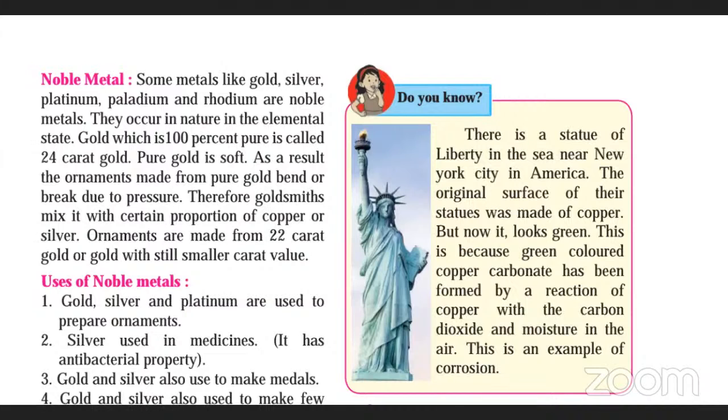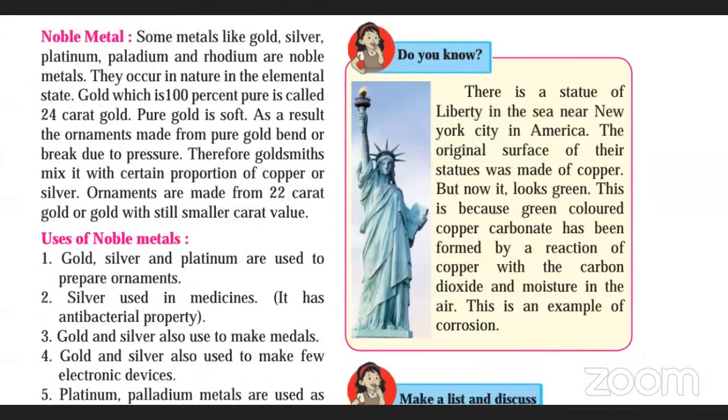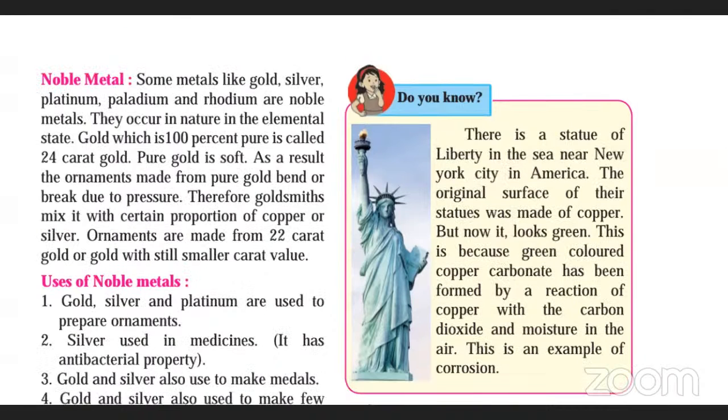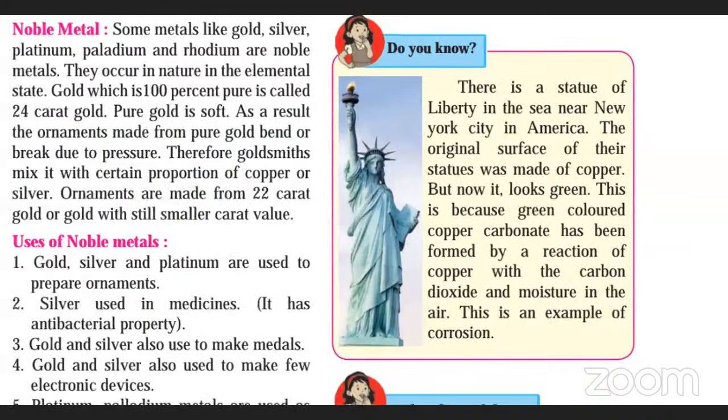we know copper is a metal, right? And just now I said that metals have a strong tendency to undergo reaction with any element which comes in contact with them. So this copper reacts with the carbon dioxide and moisture present in the atmosphere. And what happens? See what is written here.